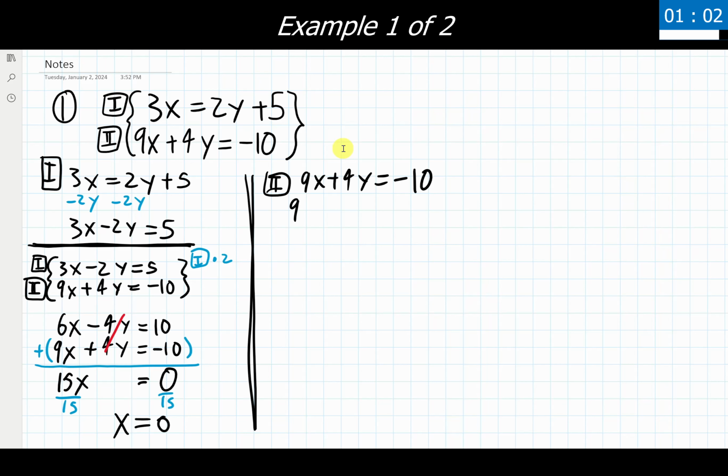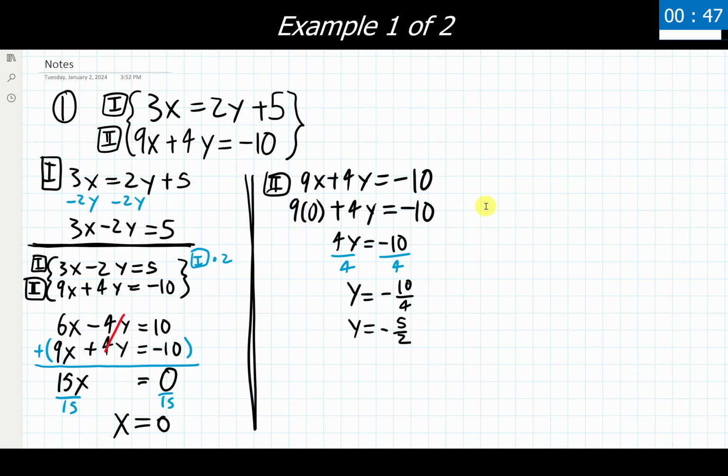So I'm plugging 0 in for x, and now I'm just going to solve this for y. And now I have my y value, I have my x value. I can write this whole thing out as a single ordered pair answer. Then I have 0, comma, negative 5 over 2.